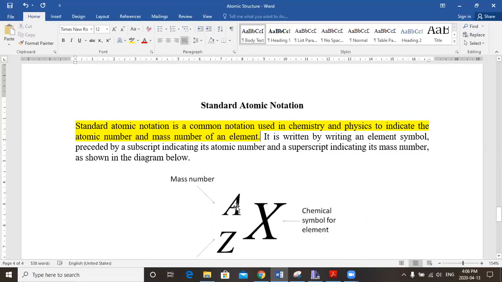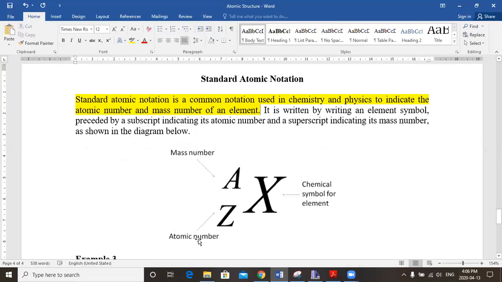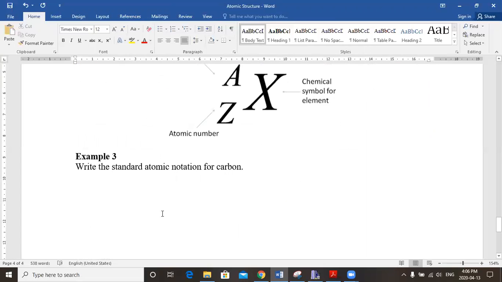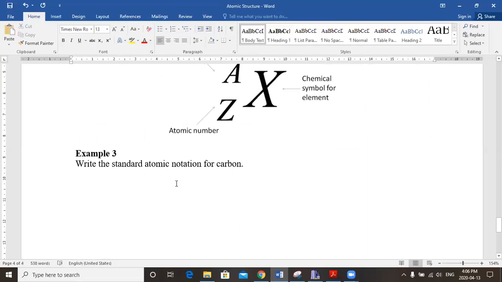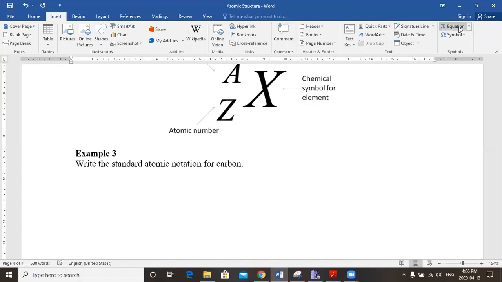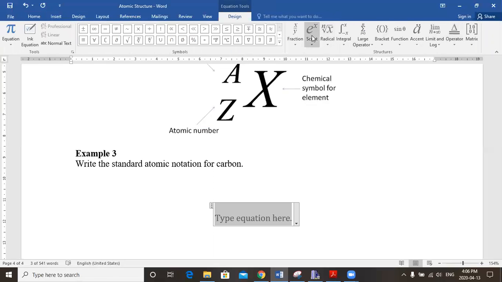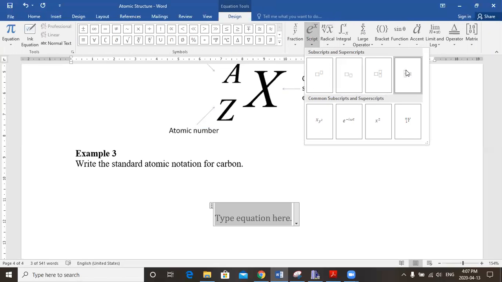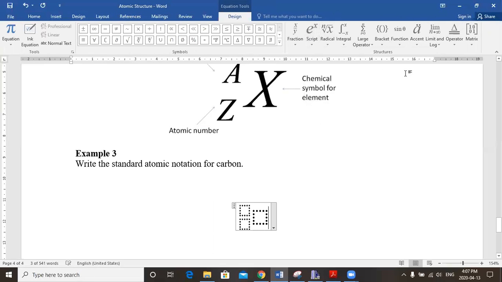It is written by writing an element symbol, and then the subscript is the atomic number, and the superscript, or the exponent position, is the mass number, and it's written on the left side, not the right. So if we wanted to look at the standard atomic notation for carbon, I'll make this bigger, put this in the center, and insert this as an equation, looking at the superscripts and subscripts on the left.